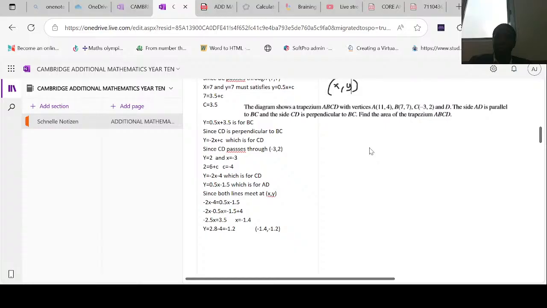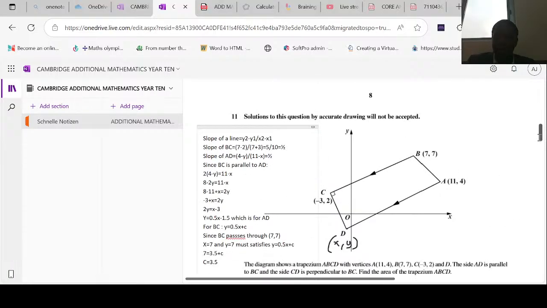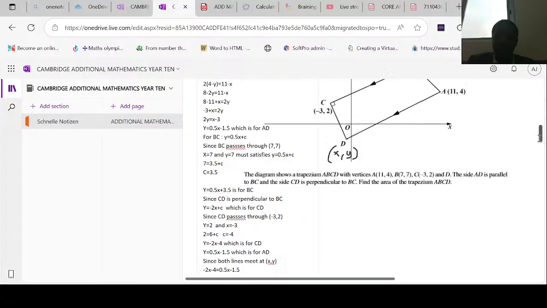So to find the length of BC, let's start with BC because that one is given to us.